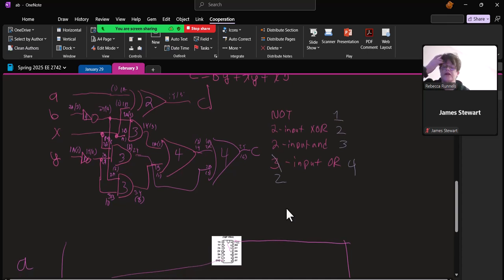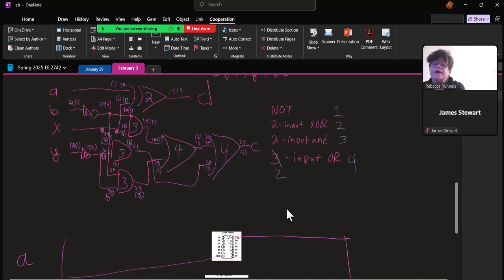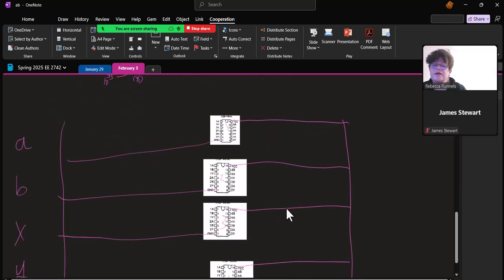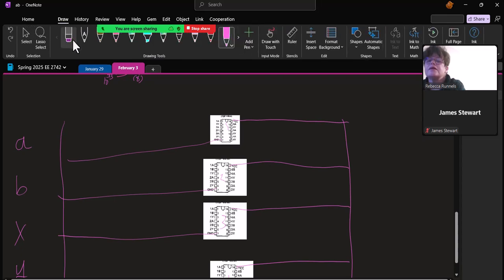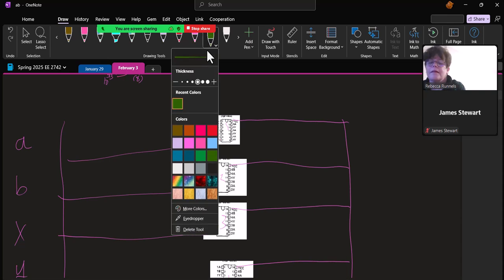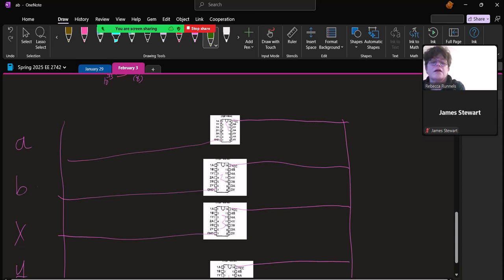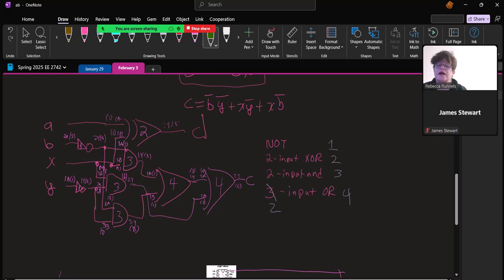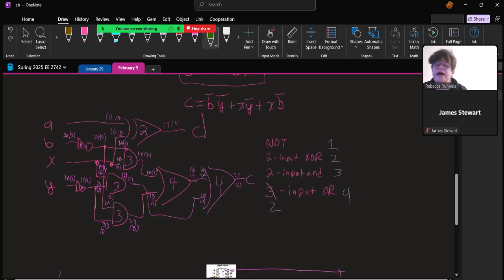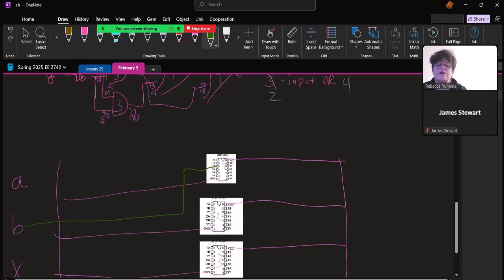So, for example, I see that B goes to pin 3 of chip 1. I see that A goes to pin 1 of chip 2.